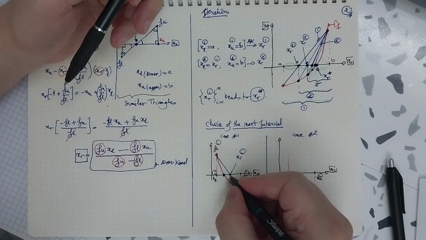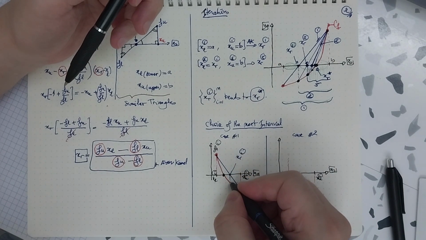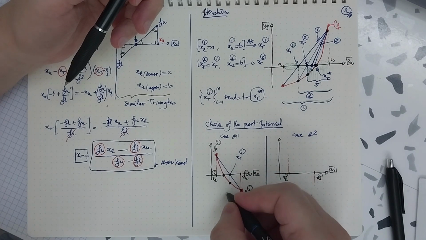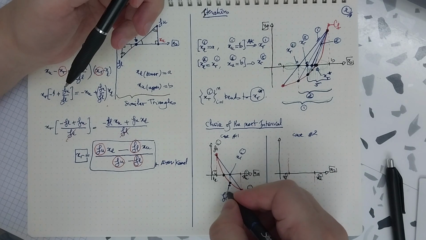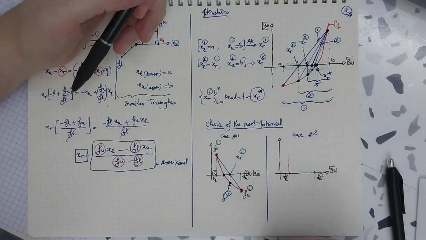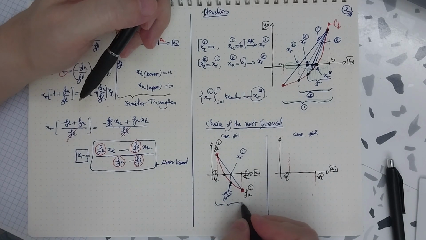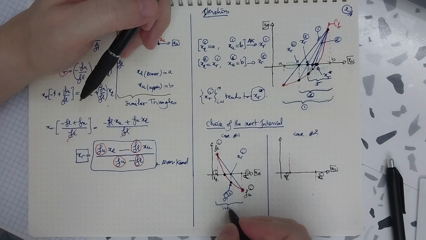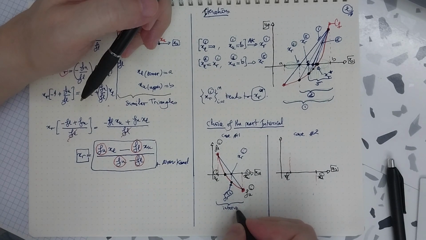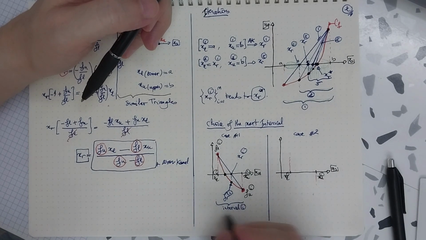And here it's its image, FR I. So this is the interval number I, or the ith interval.